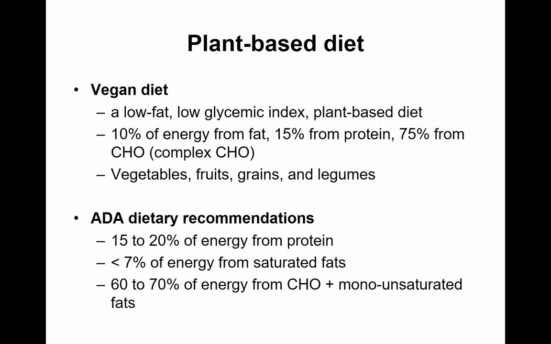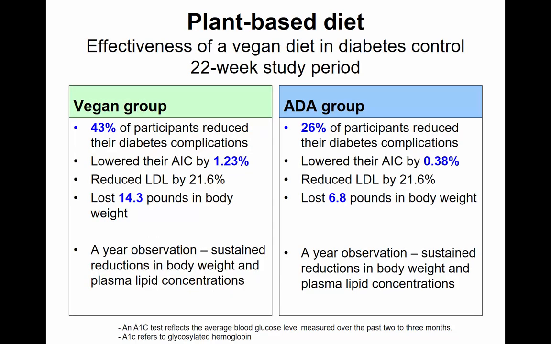And if you compare this vegan diet to the ADA dietary recommendation, you want to have 15 to 20% of energy from protein, 7% of energy from saturated fats, and 60 or 70% of energy from carbohydrate, plus some unsaturated fats, right?